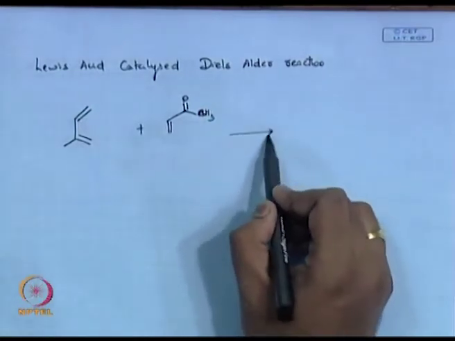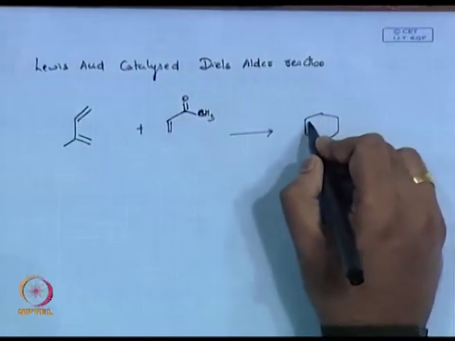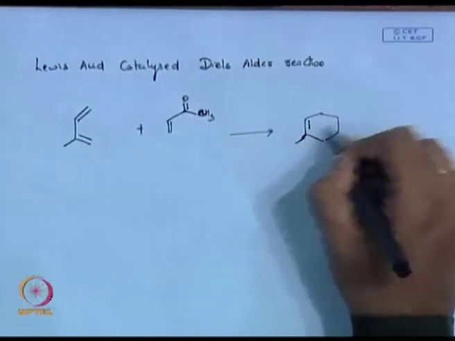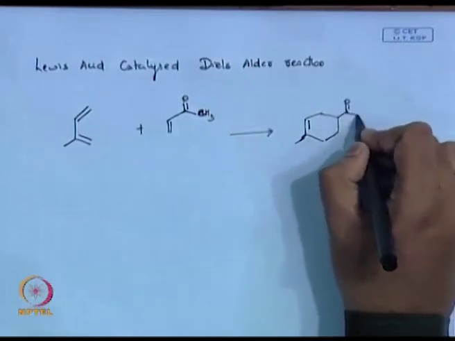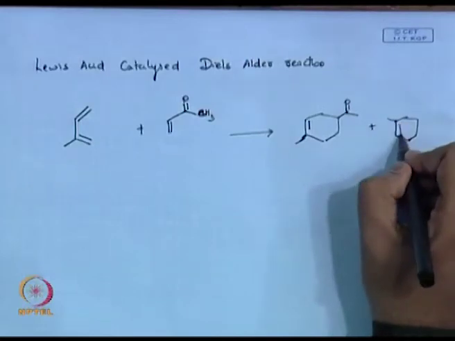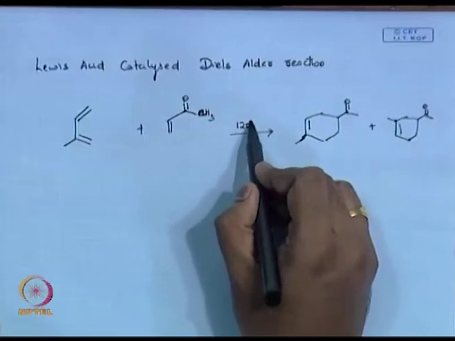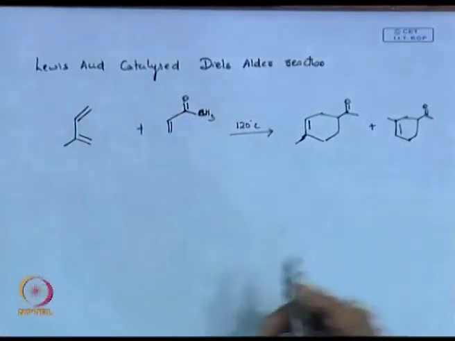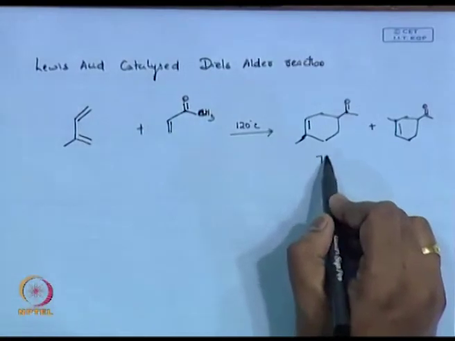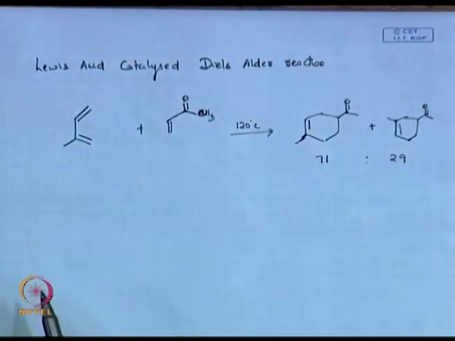If you do this reaction, you should get two products, right. If you take the regioselectivity you are talking about, so I should get one in the para position and one in your meta. So, I should think about two products, and if you do this reaction at 120 degrees Celsius, just you put these two and heat it, you end up with two products, but if you see the selectivity, it is 71:29. Okay.